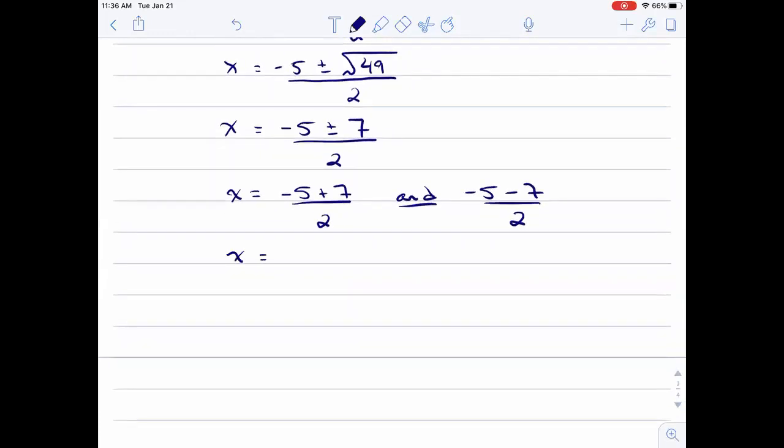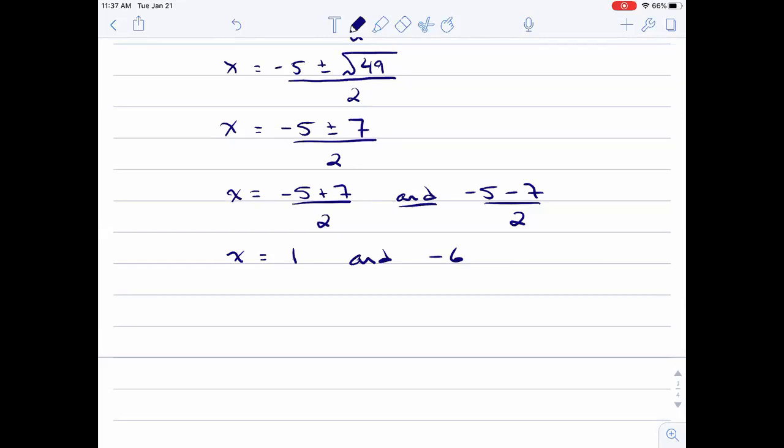So x is negative 5 plus 7, which is 2 over 2, which I'm just going to write as 1. And negative 5 minus 7 divided by 2 is negative 6. Just using your calculator or using your head, doesn't matter. So now, x equals 1 and x equals negative 6 would give us the whole thing equals 0.